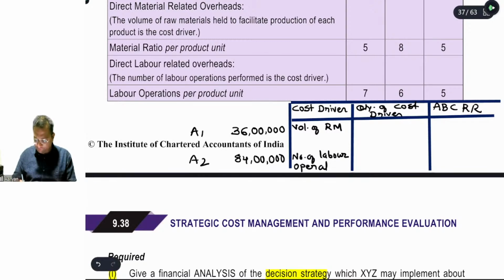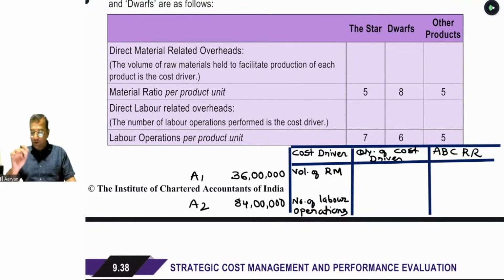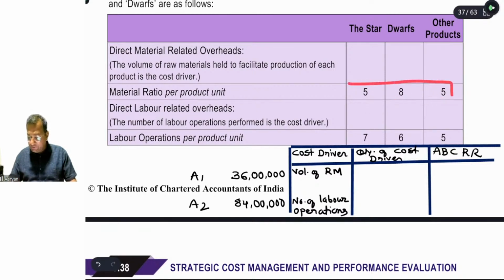ये तो हमें दे दिया था, अब what is the quantity of volume of raw material? So material ratio per product unit, it's 5, 8 and 5. इन तीनों का total is not the quantity of cost driver. वापस बोल रहा हूं बेटा, 5, 8 और 5 is not the total of 5, 8, 5, not the quantity of cost driver, because they are given on per product unit basis.